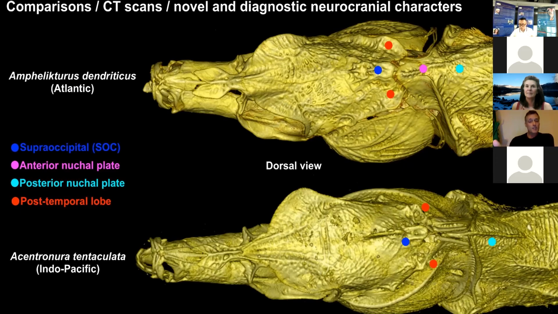In Amphelikturus, you actually see all four neurocranial bones, whereas in Acentronura, the posterior nuchal plate is missing, and that's a key difference between the two genera. Also, the shape and sizes of the SOC and the post-temporal lobes are quite different between the two genera. I won't go into too much detail, but you can see that there are quite a lot of differences. Okay, next slide.